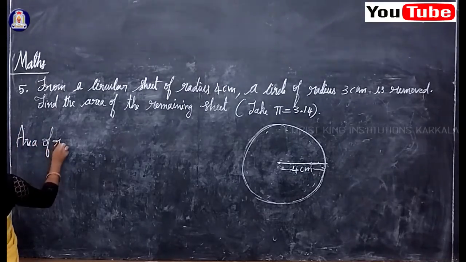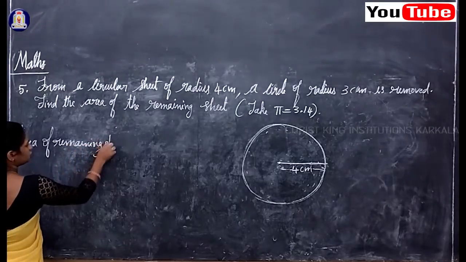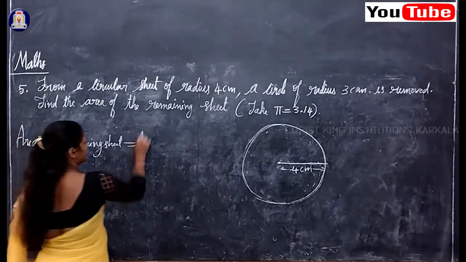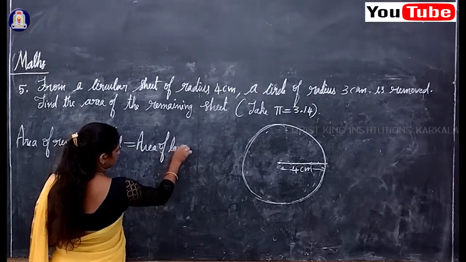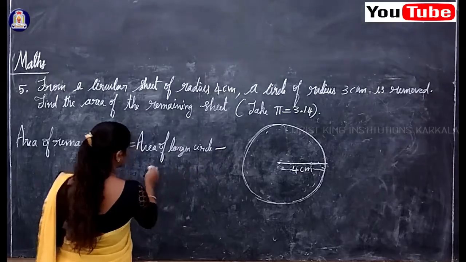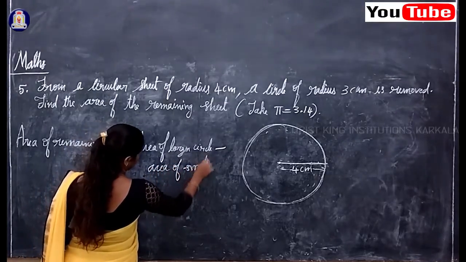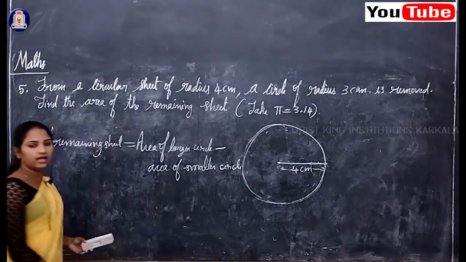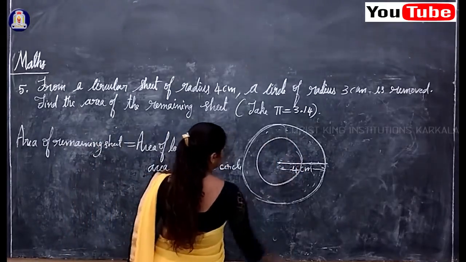Area of remaining sheet is equal to area of larger circle minus area of smaller circle. From the larger circle we have to subtract the smaller circle.